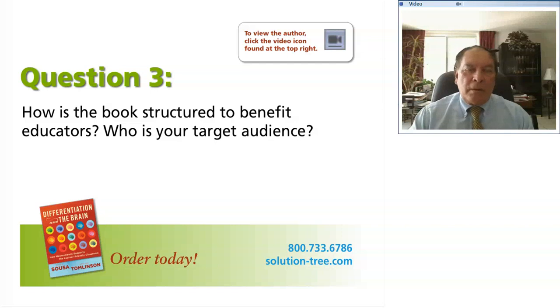How is the book structured to benefit educators, and who is your target audience? Well, the book is designed to talk about the basic components of what it means to differentiate a classroom, and then to show how the research in cognitive neuroscience supports this approach.